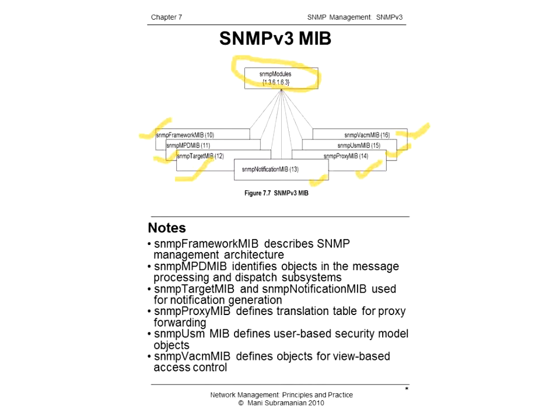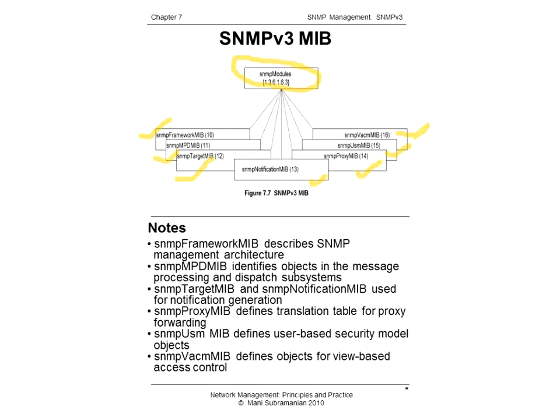Now SNMP framework MIB node 10 under SNMP module describes the SNMP management architecture. The MIB group SNMP MPD MIB node number 11 identifies the objects in message processing and dispatching subsystems.